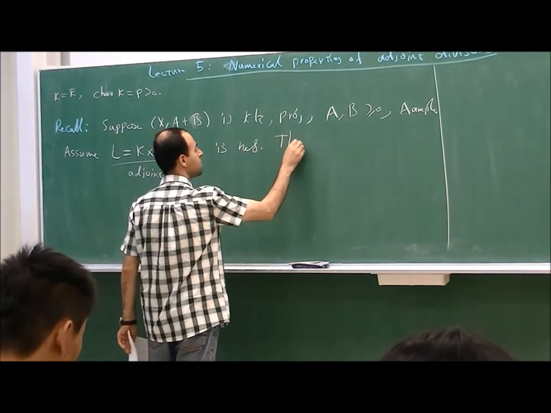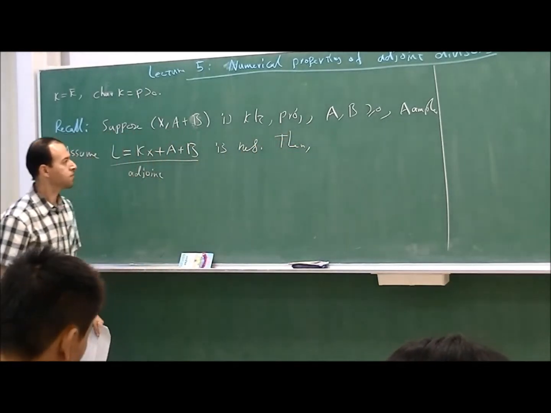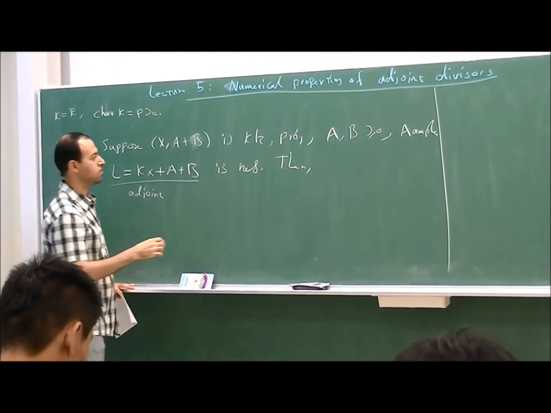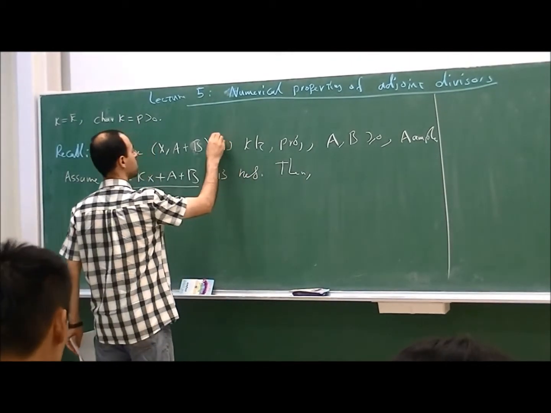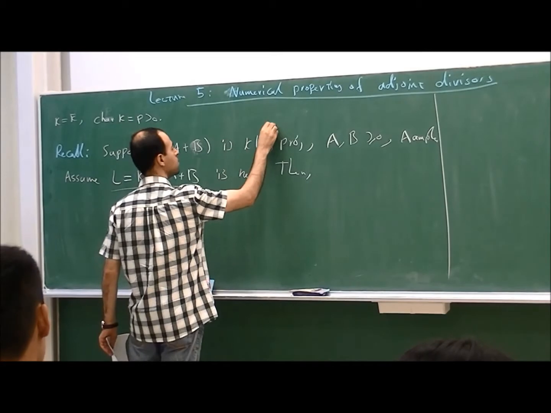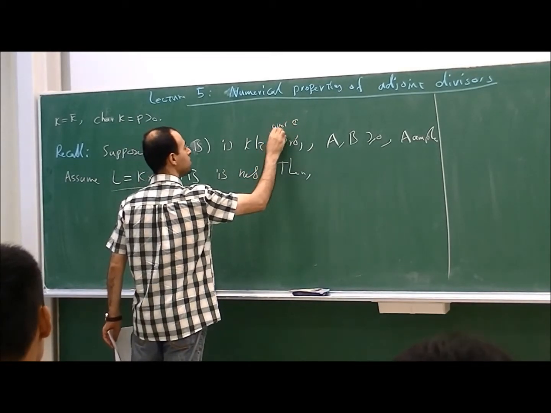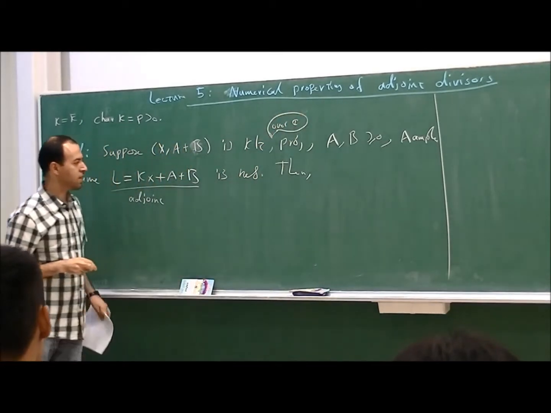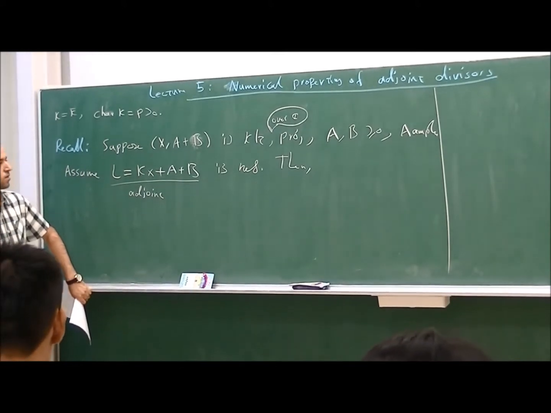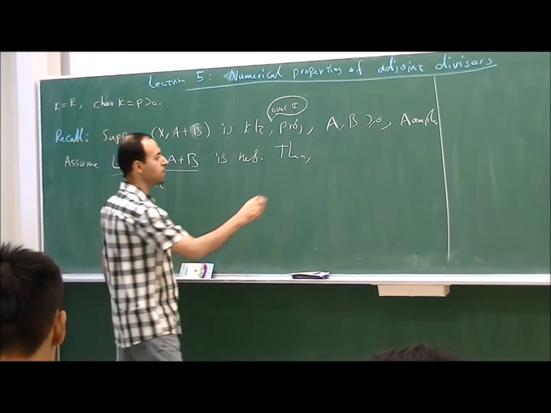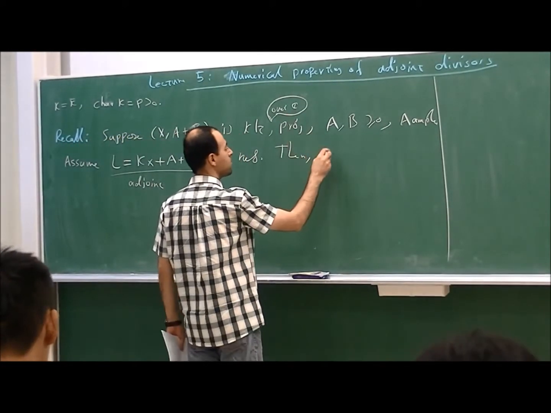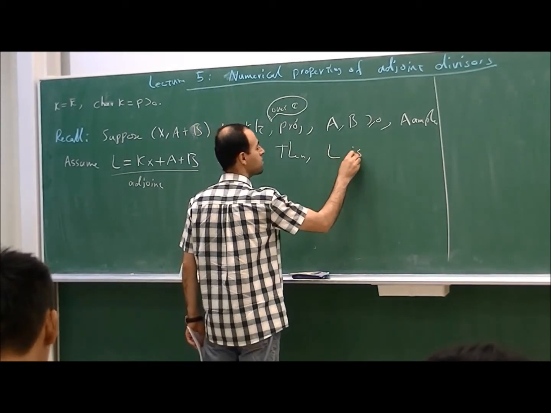Then one of the most important theorems in birational geometry over complex numbers, or anything of characteristic 0, says that L is semi-ample.